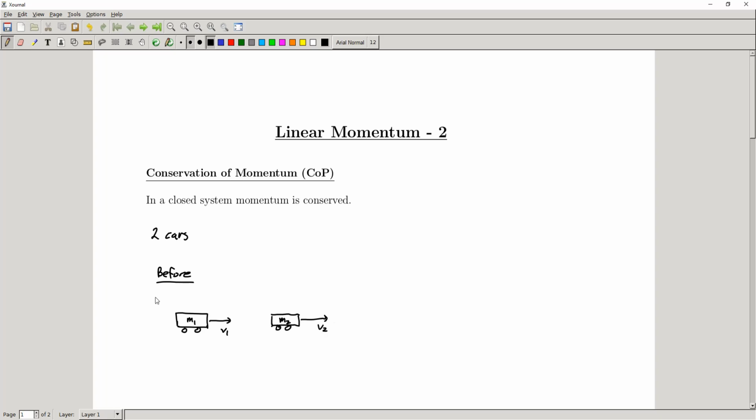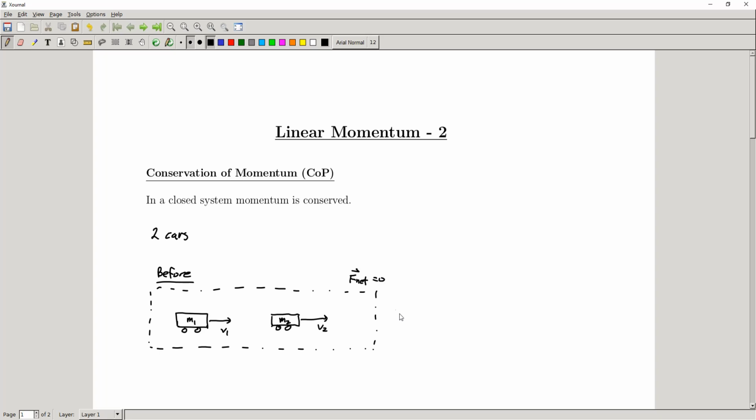This is meant to be a closed system, so imagine no outside influences, so there's no net force acting on the system.